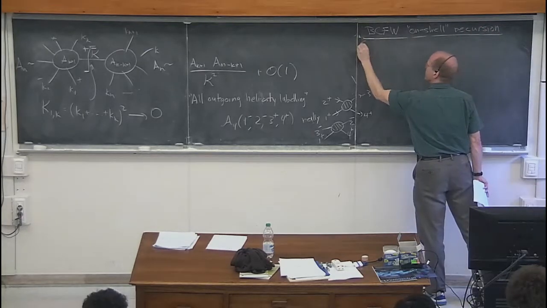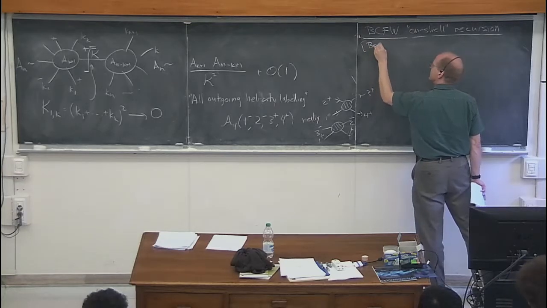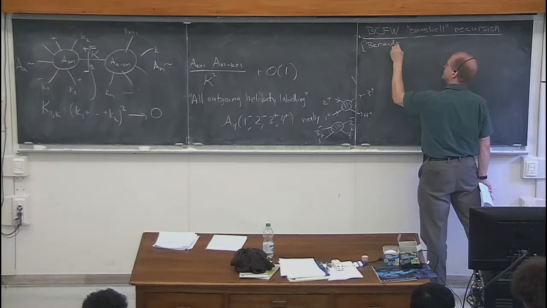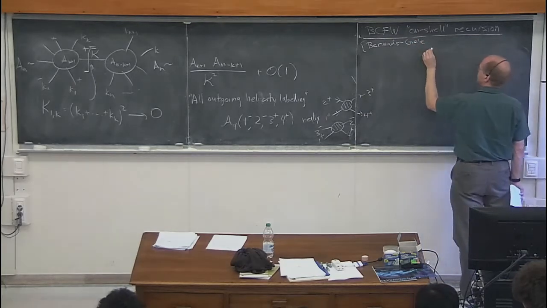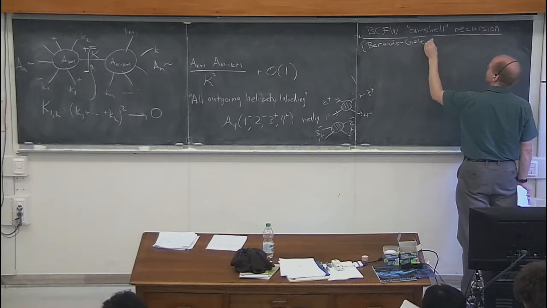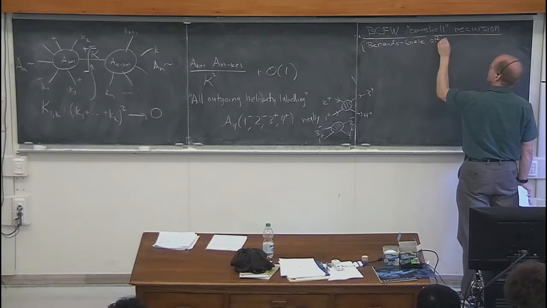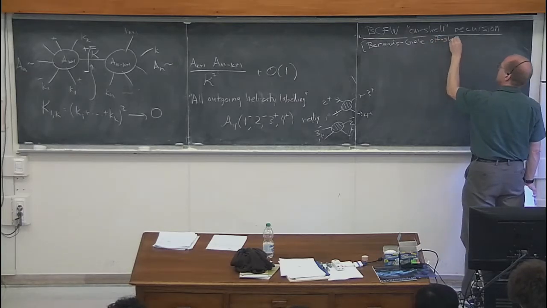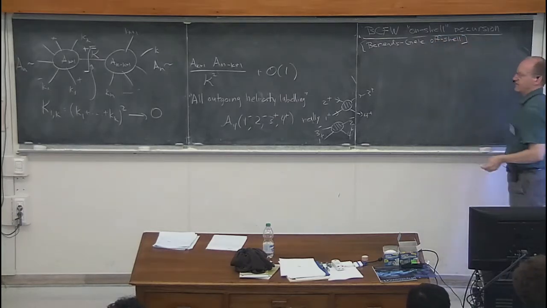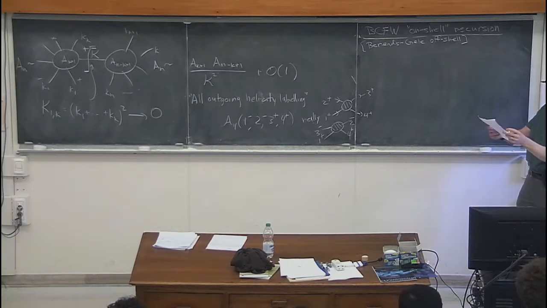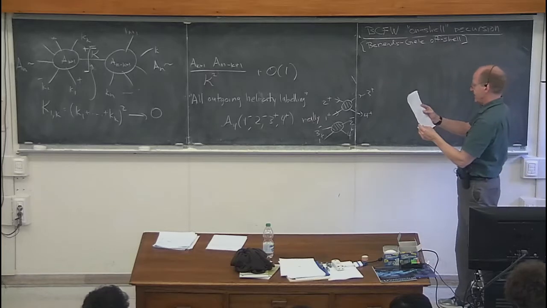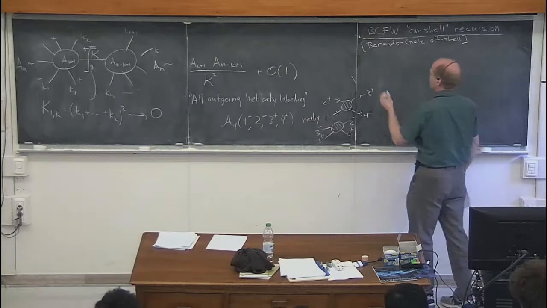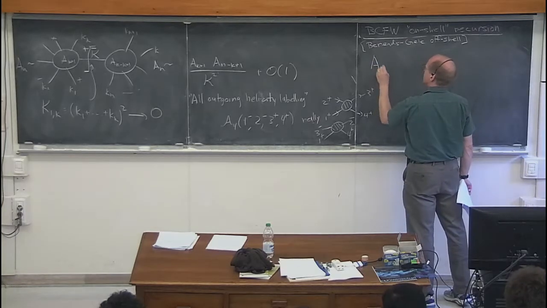There were other recursion relations that people had written down earlier. So Berends and Giele wrote down a recursion relation earlier, but it was off-shell. It used things in intermediate steps that are off-shell and not gauge invariant. Doesn't mean it's not a fast recursion relation. It's very good.